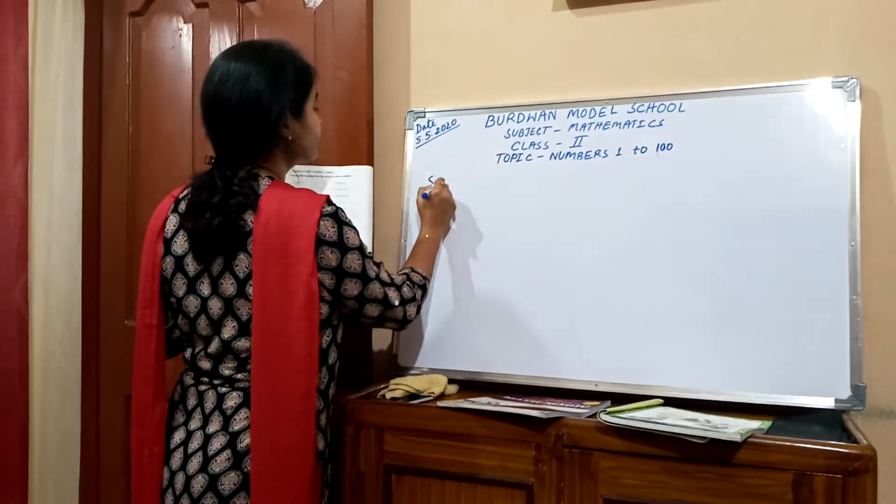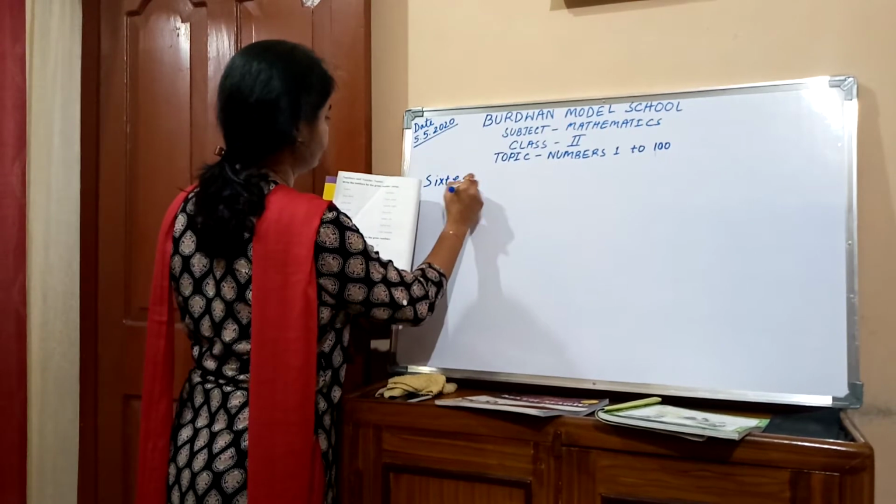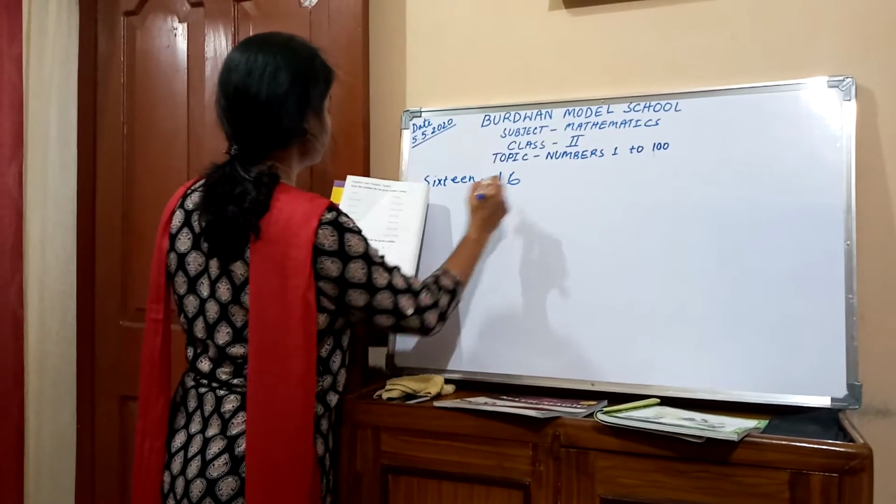First one is given: 16. Write down over here 1 6, 16.